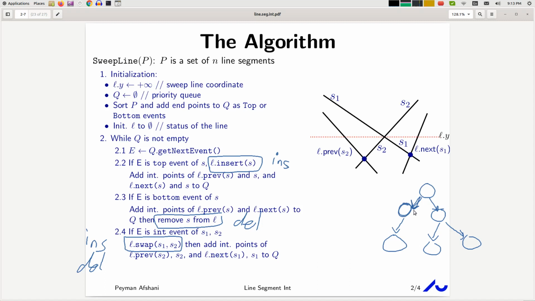What this means is the following: imagine that I want to do a deletion followed by an insertion, right? So imagine that this node gets deleted, and then I insert another value into this tree. So now the tree looks like this.